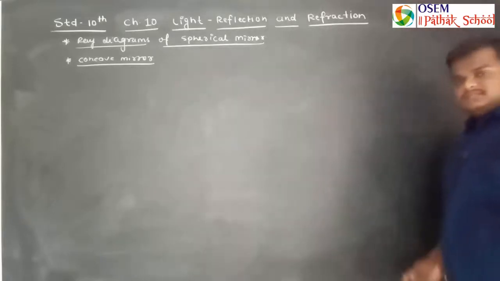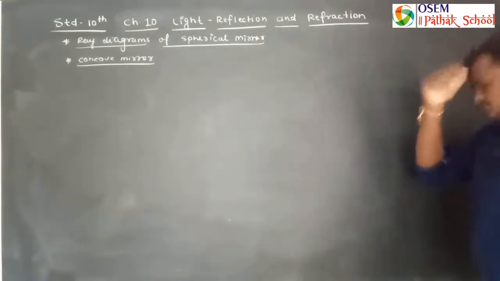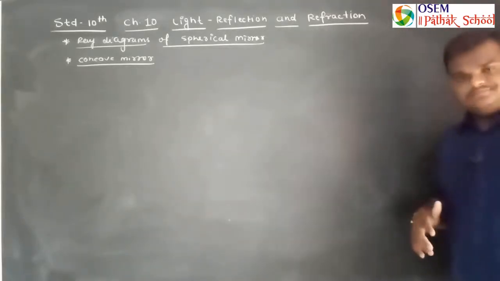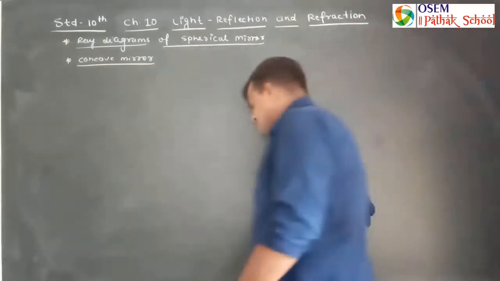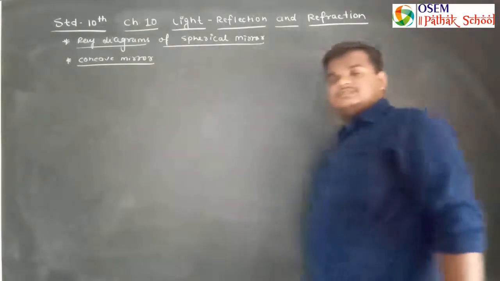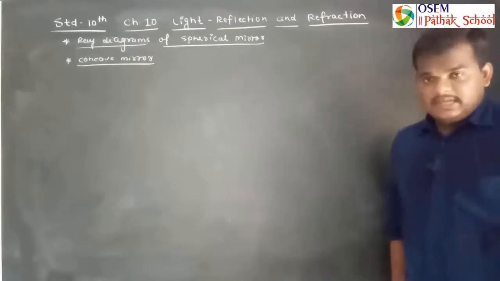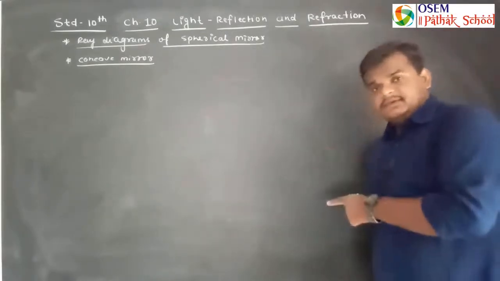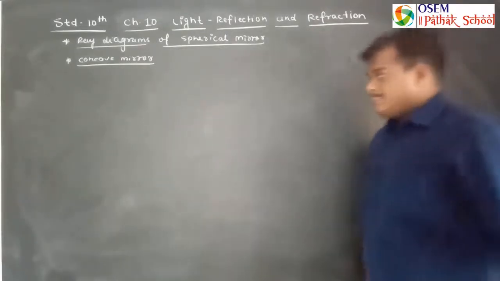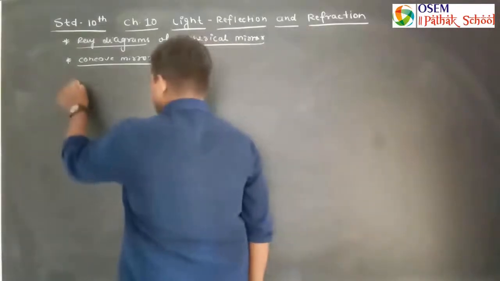We will talk here about the images that are formed by a concave mirror. Here we are discussing a total of 6 different positions of the object, starting with the first position.